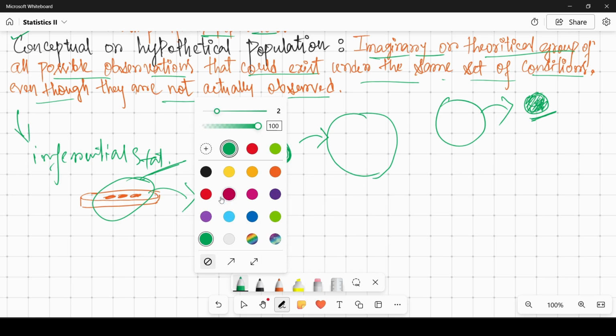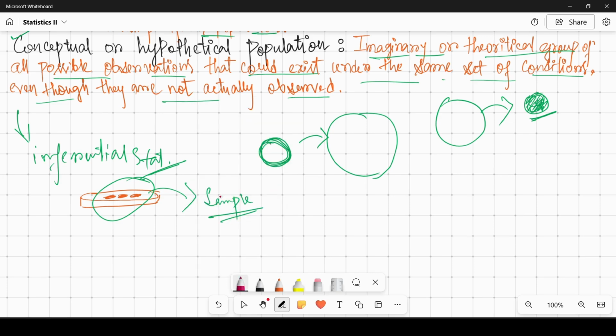Why are they not the whole population? The reason is, let's say in the same petri dish, in the same culture medium, what will be the similar things? Let's say same things will be the same strain. There should be the same medium and the same temperature also.